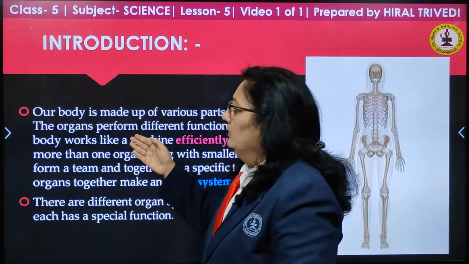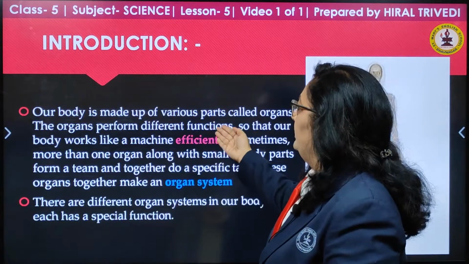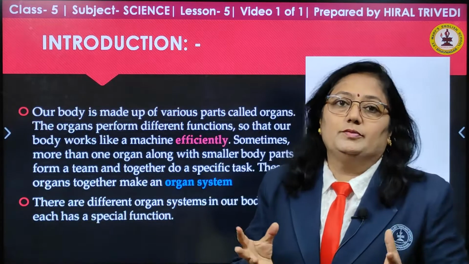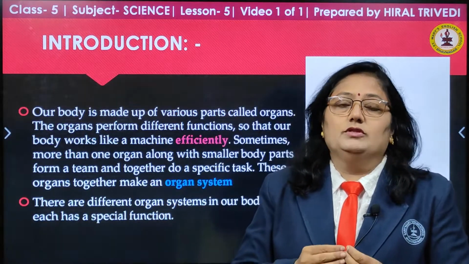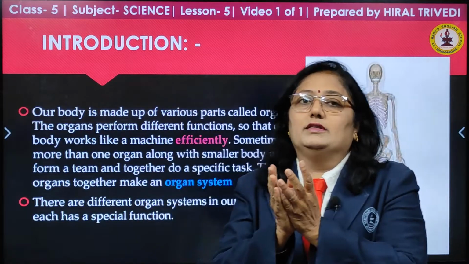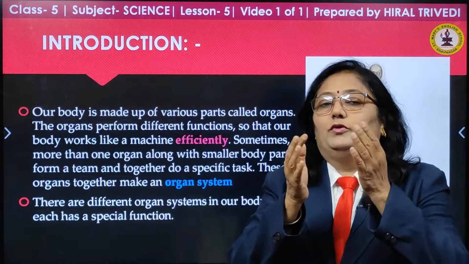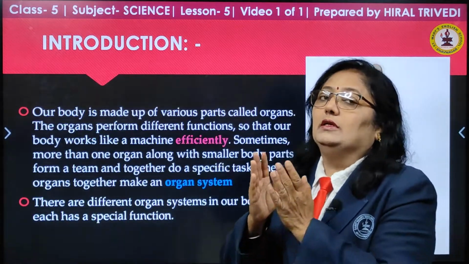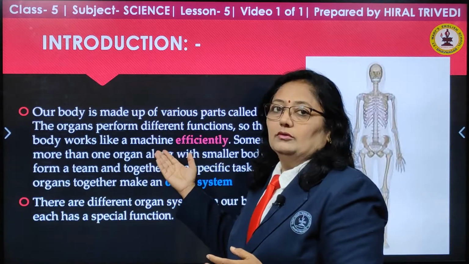If you remember, last time we did what we mean by organ, and first of all, how an organ is formed. Suppose a stomach is going to be created. First it is a cell, then a group of cells turns into tissues, and the tissues turn into an organ.